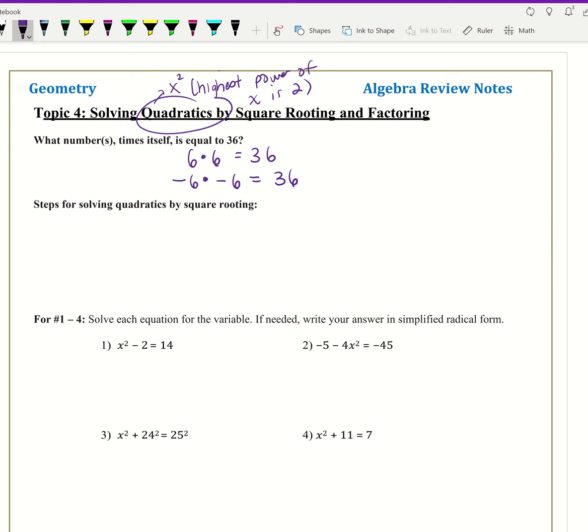Well, when we're solving quadratics by square rooting, solving means we're trying to find out what the variable is. Often it's x. When we solve it by square rooting, for your first step you want to start by isolating the x squared. What you typically want to do in order to do that is cancel any addition or subtraction first, and then cancel any multiplication or division second.